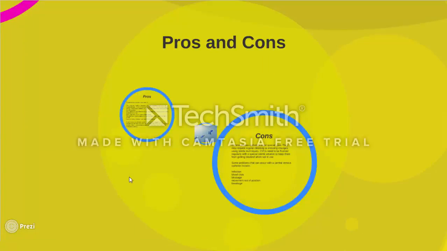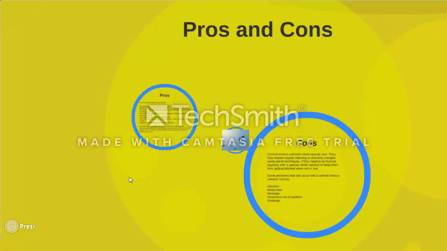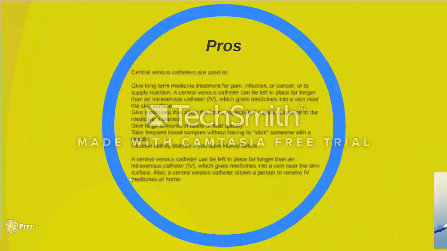Pros and cons. Pros. Central venous catheters are used to give long-term medicine treatment for pain, infection, or cancer, or to supply nutrition. A central venous catheter can be left in place for far longer than an intravenous catheter, which gives medicine into a vein near the skin surface.